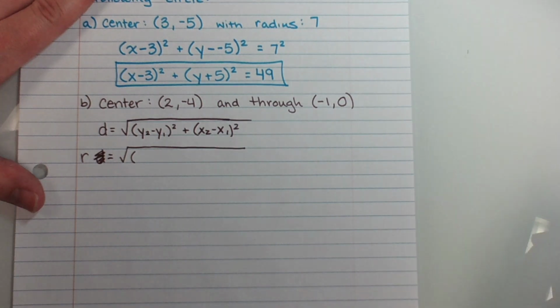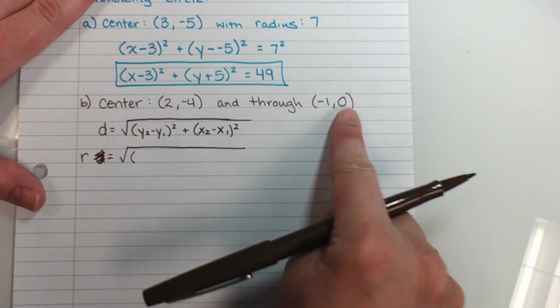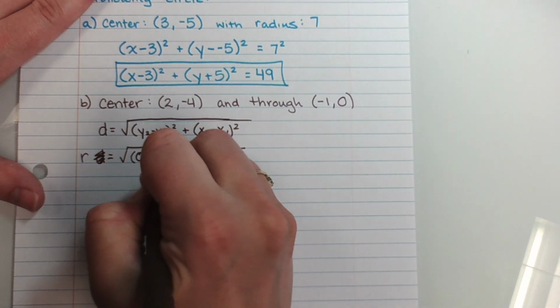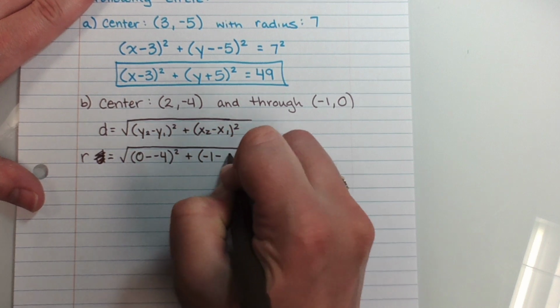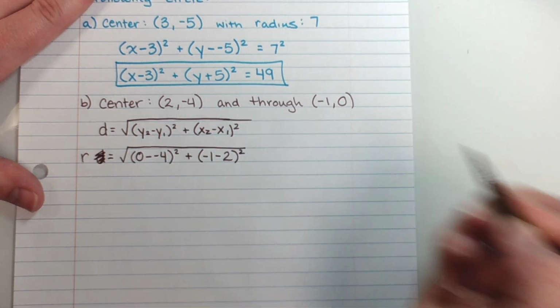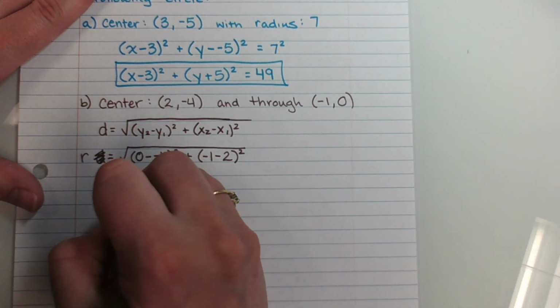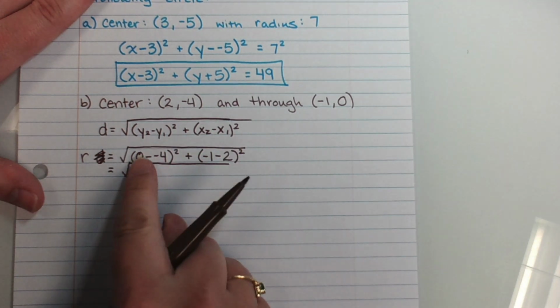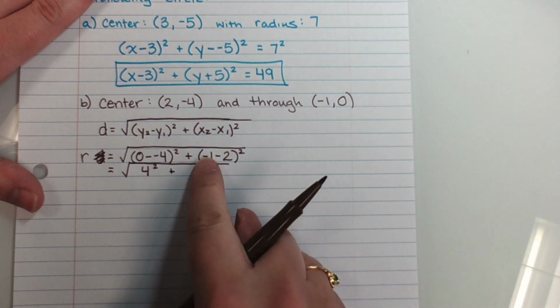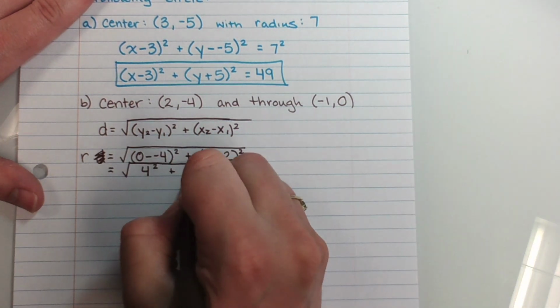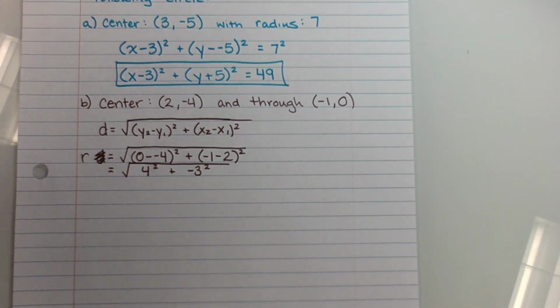Okay, y2 minus y1, I'm going to use this as my y2. So 0 minus a negative 4 quantity squared plus x2 minus x1, negative 1 minus 2 quantity squared. 0 minus a negative 4 is 4 squared plus negative 1 minus 2 is negative 3 squared. And if I type it in like that, I've got issues.